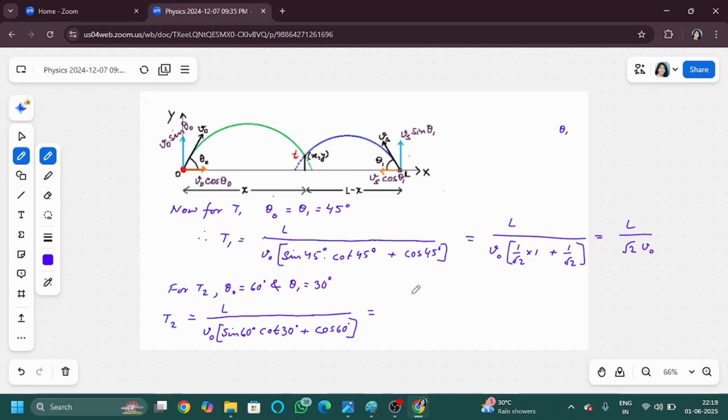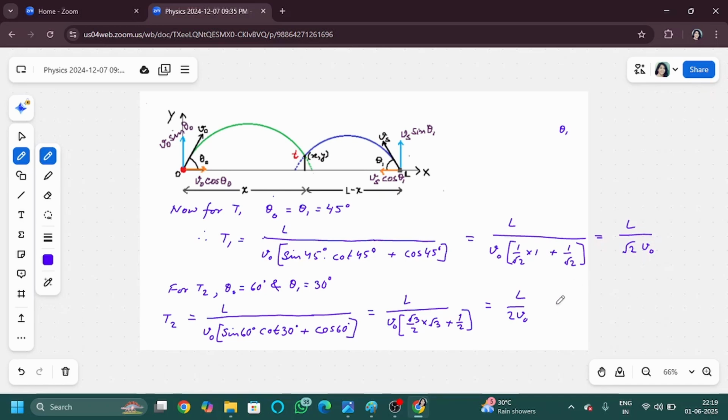This is equal to L by V0 into root 3 by 2, root 3 (cot 30 is root 3) plus cos 60 is half. So this comes out to be L by 2 V0.